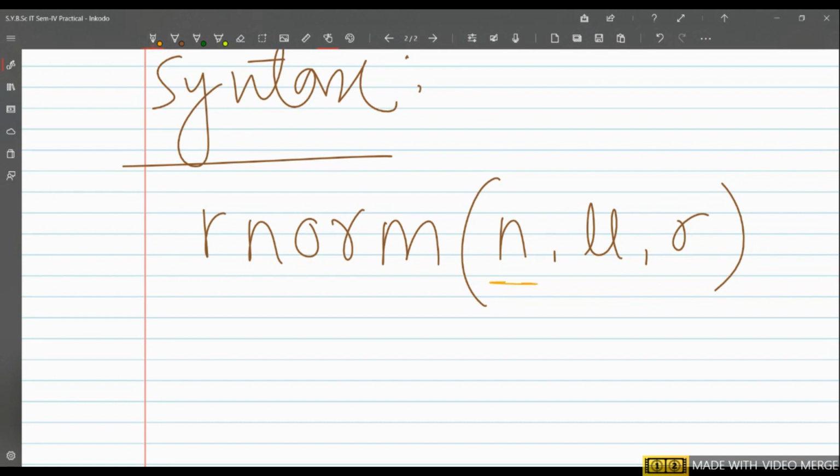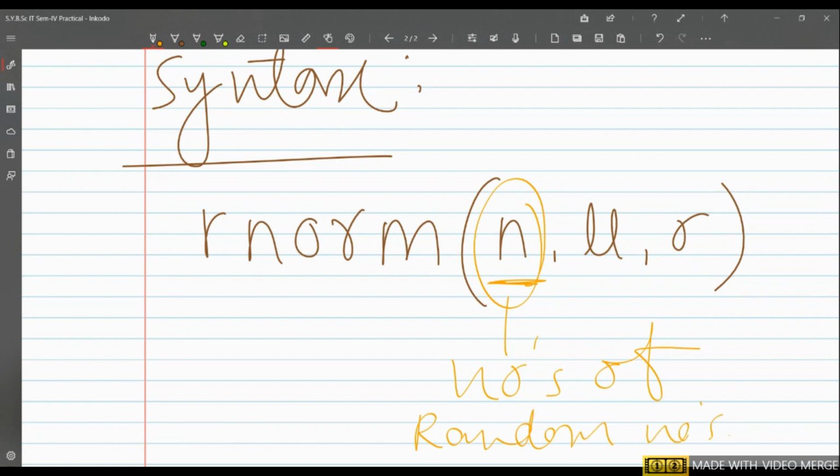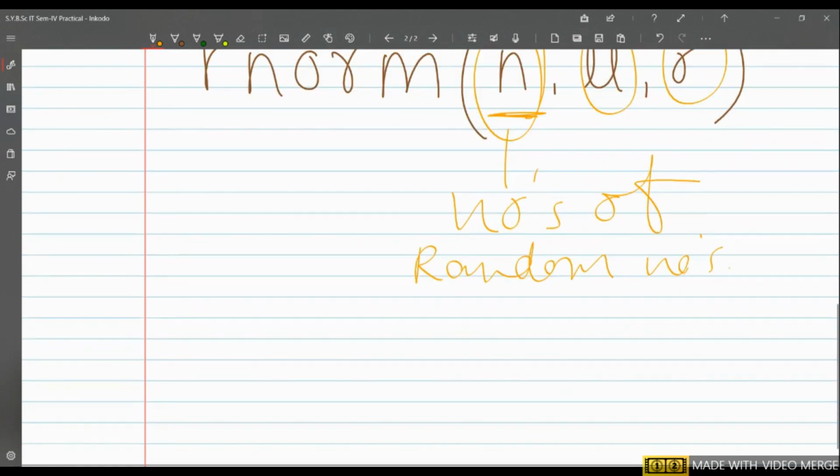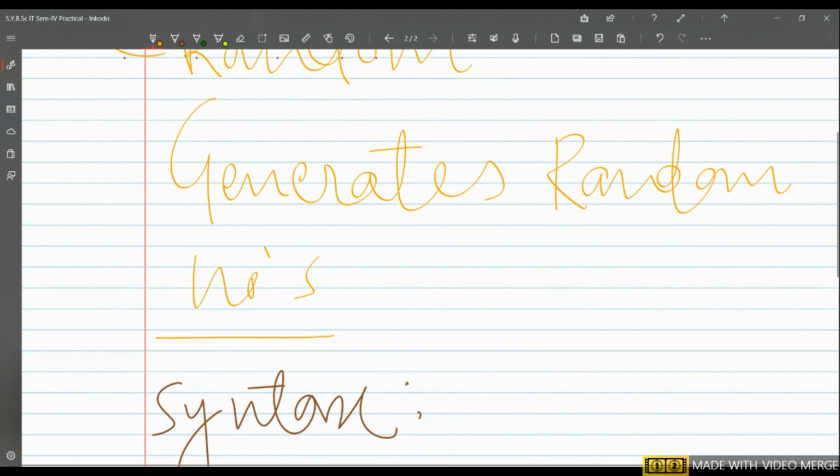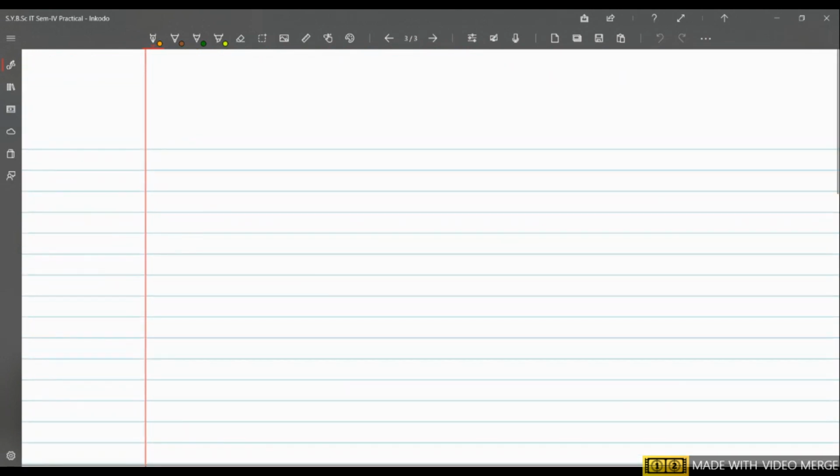This n denotes the number of random numbers that we have to generate, mu represents the mean of the normal distribution, and sigma represents the standard deviation of the normal distribution. Then the second inbuilt function is dnorm.